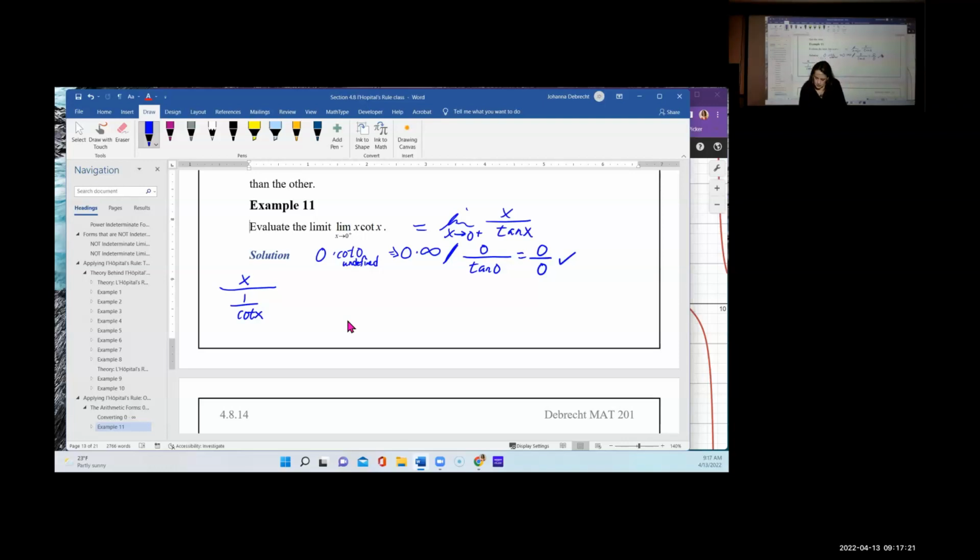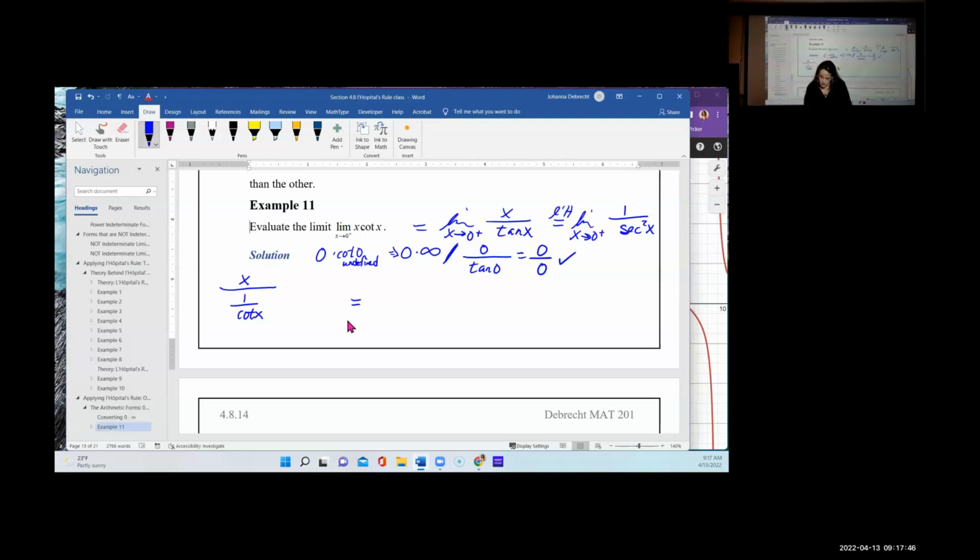So I apply L'Hopital's rule by putting L apostrophe H over the equals, and I take the ratio of the first derivatives of each factor. So the derivative of x is 1, and the derivative of tangent is secant squared of x. Once I do that, I would plug in again, but I tend not to think in terms of secant squared.